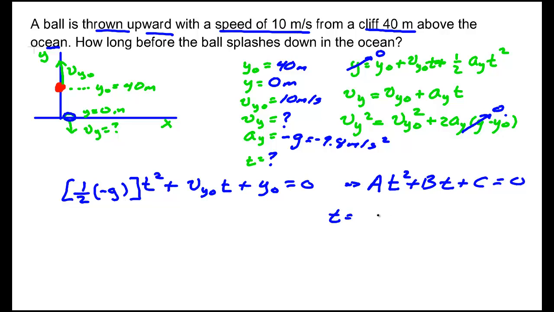T, by the quadratic formula, is minus b plus or minus the square root of b squared minus 4ac over 2a, and I expect you to know that.